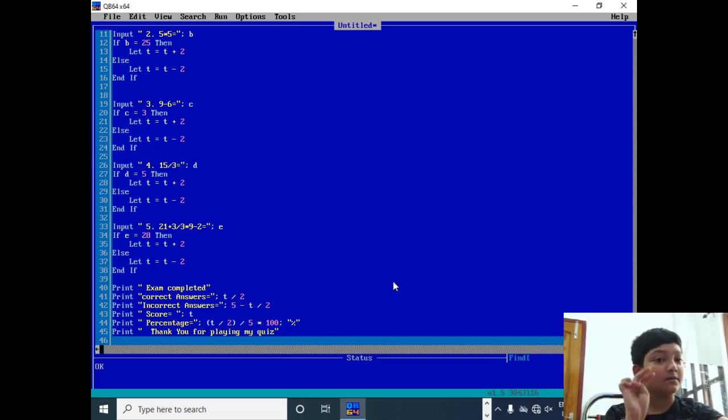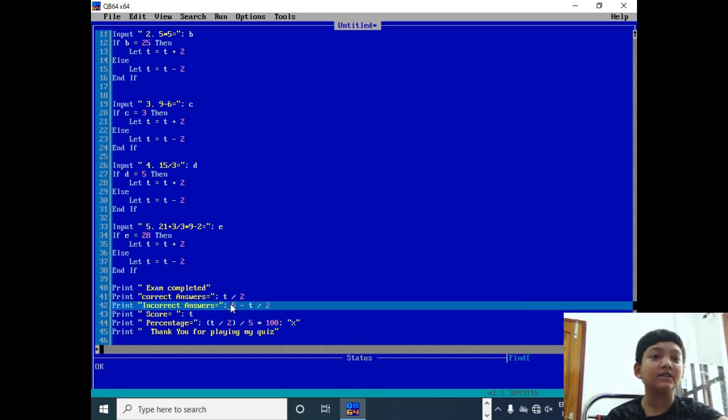The sum is correct, but where is the problem? The problem is in our program only. That means we have to write something else here. So when there is an incorrect answer, what do we have to do? T is our total score, divided by 2, then what will our answer come?